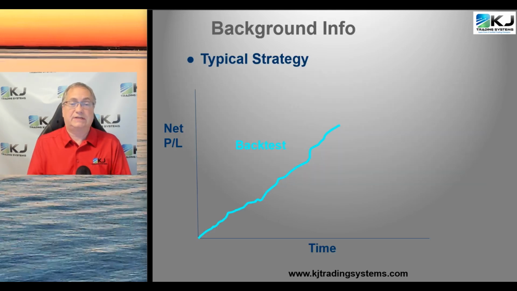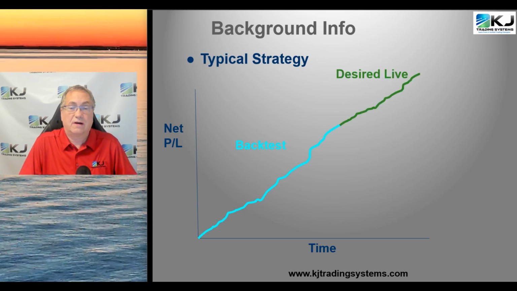So just to give you some background, here's your typical strategy. You run a back test, you get the light blue curve. It's going up and to the right. When you look at net profit versus time, this is kind of what you want. And what most people assume is that kind of performance is going to continue in the future.